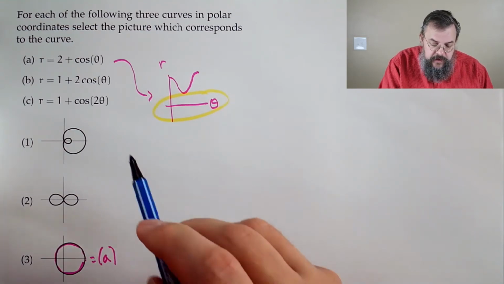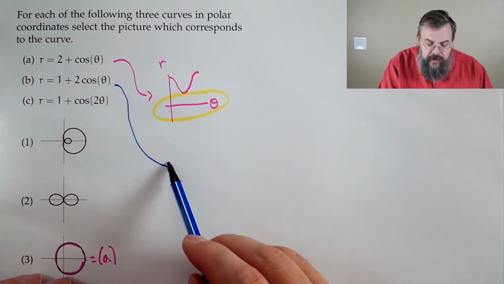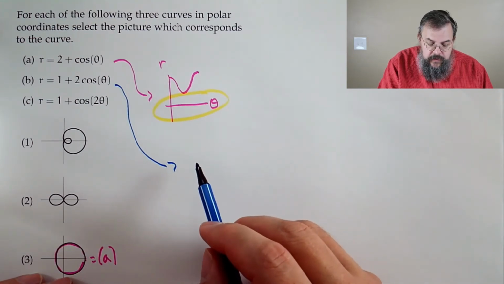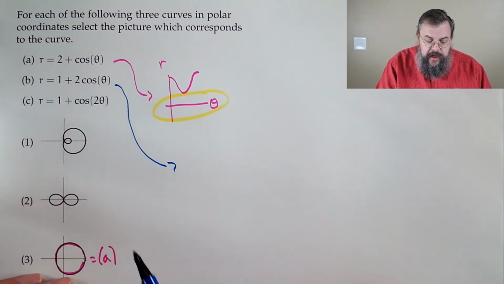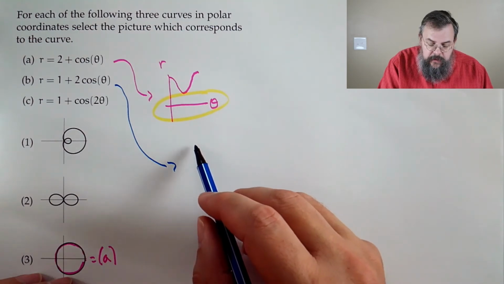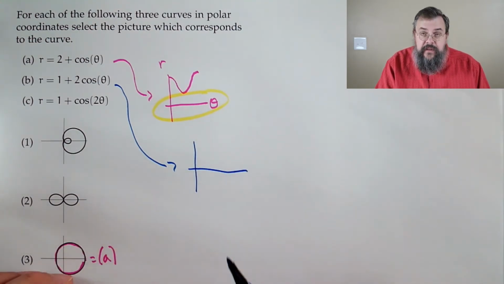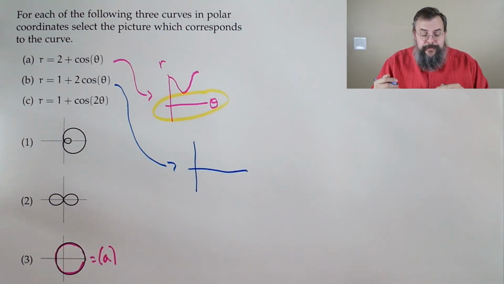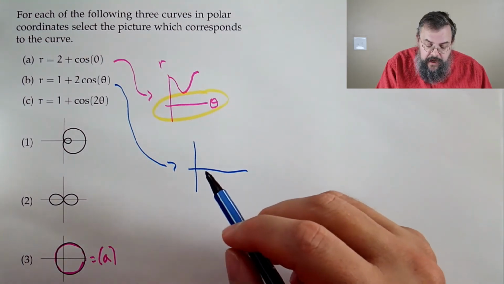Well, let's try B. What could that do? So 1 plus 2 cosine theta. Now, because of that factor of 2, we will go negative for a part, but you can actually plot things.